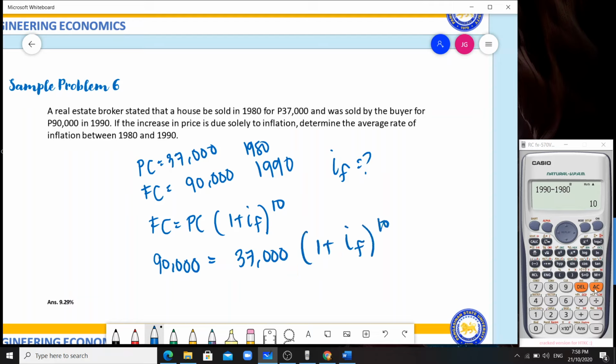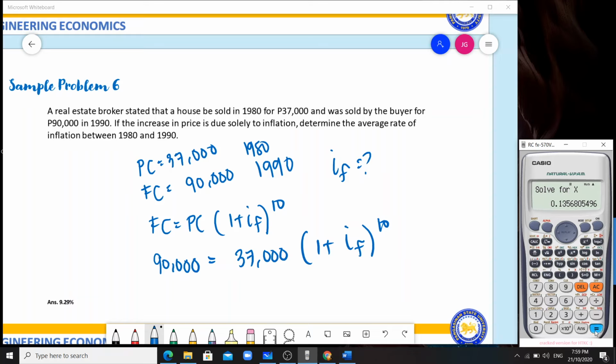So, if ikakalculate natin, 90,000 equals 37,000 times 1 plus alpha X raised to 10.